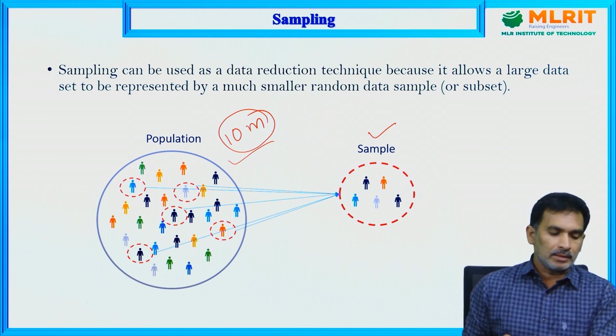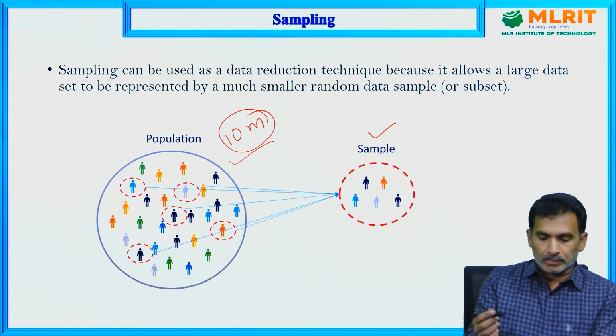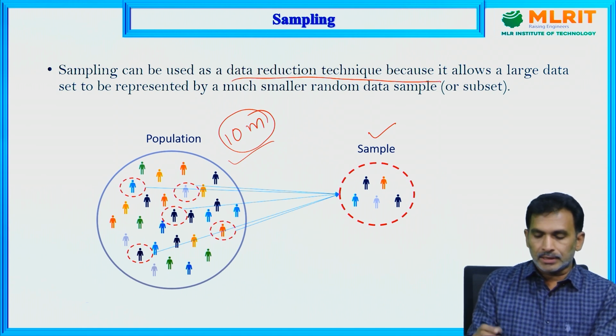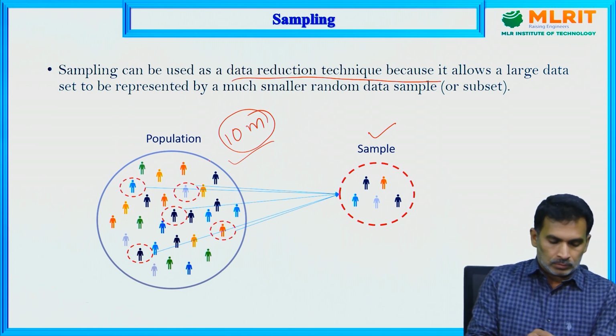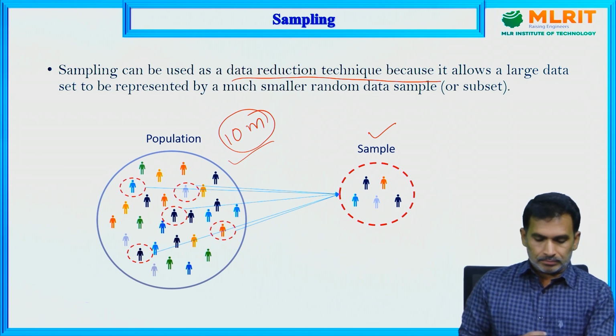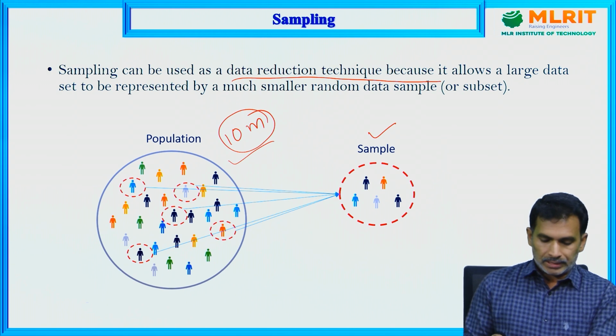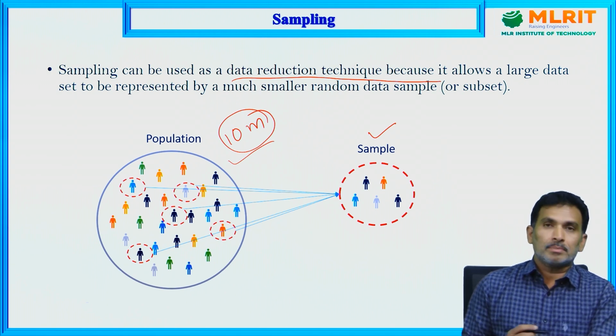Sampling can be used as a data reduction technique because we derive the insights from the samples, not from the population.